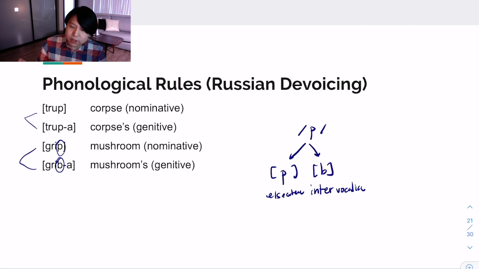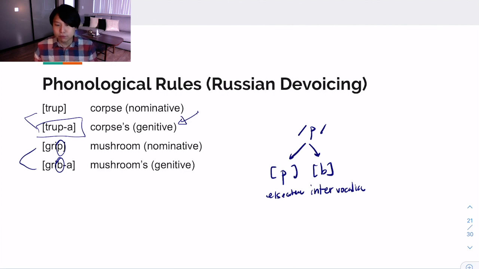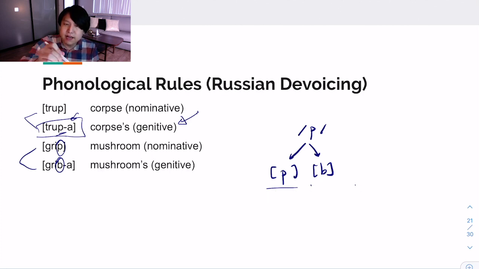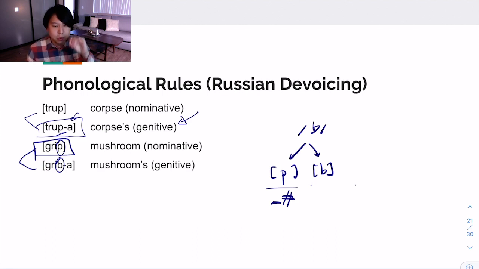This is the hypothesis we set up. But if we check the first two examples, trupa is an exception to that rule, because p should exist elsewhere. It should not exist in an intervocalic position, but in this example, it exists between u and a, which is an intervocalic position. That's weird. So we change the hypothesis. How? By setting up a devoicing rule, where the p sound in grip is the result of a devoicing rule that applies only in word final position.